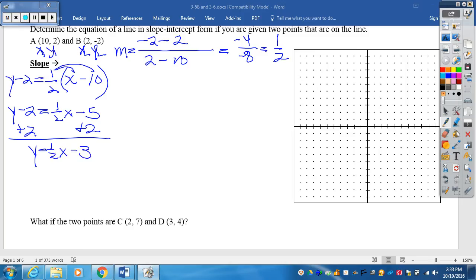Okay? All right, so that would be the equation of that line. Now, if I have done this all correctly, I should be able to take that same slope of 1/2 and this point at B and get the same equation that we did previously when we used point A.